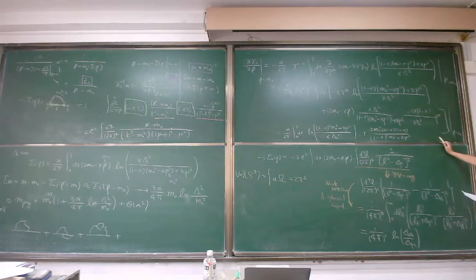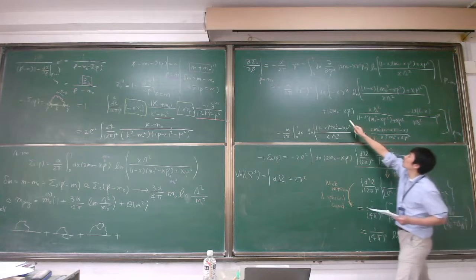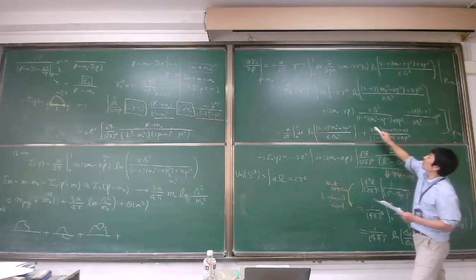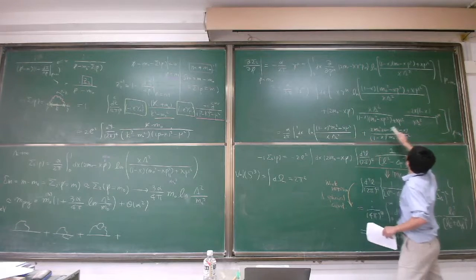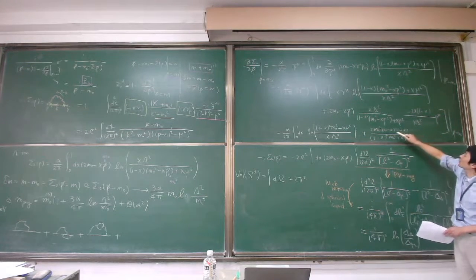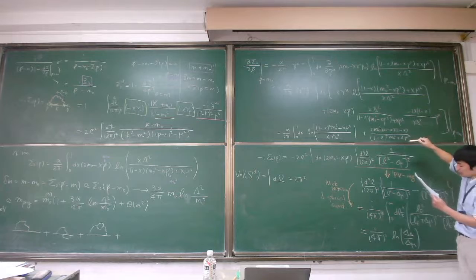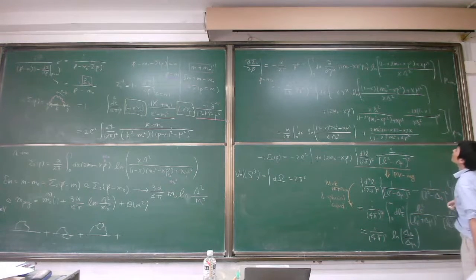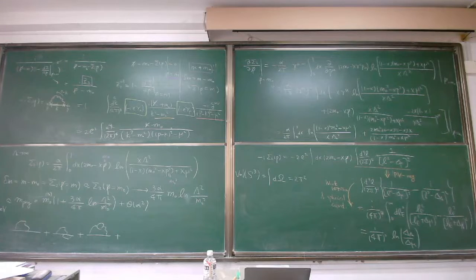So 2m0 square should come from this m0 square and m0 here. And 2 minus x coming from here. And 1 minus x coming here. X, am I missing x? Yeah, I missed x here. That's the case.